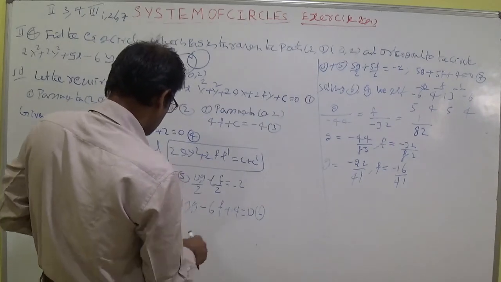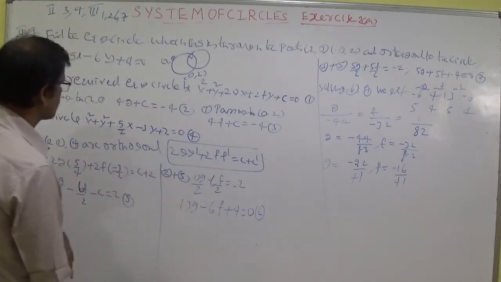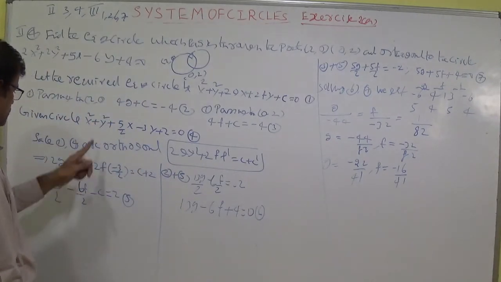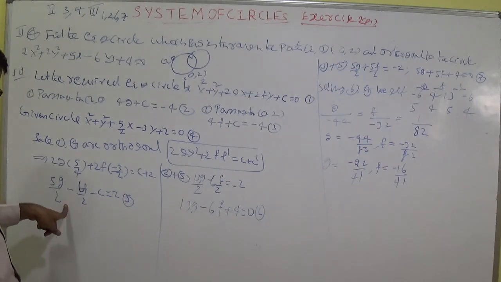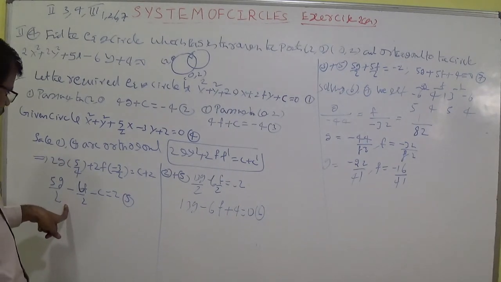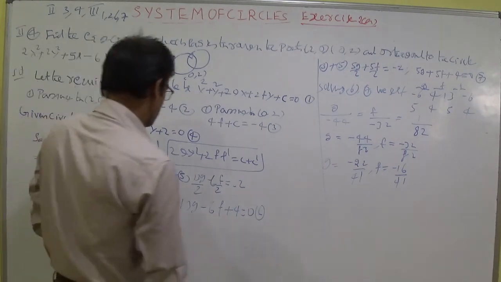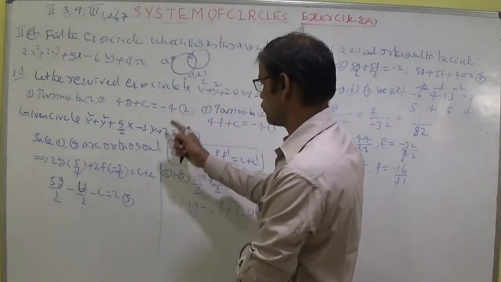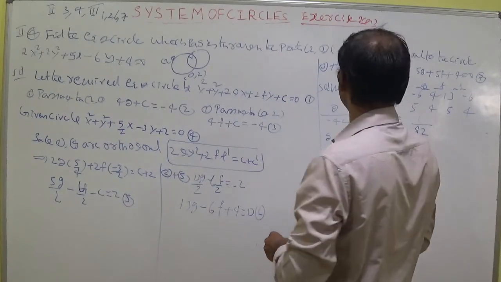So 13g: 4g plus 5g, 2 4s are 8, 8 plus 5, 13g by 2. Simply minus 6f by 2 is equal to minus 2. So by taking LCM, 13g minus 6f is equal to minus 4 plus 2, we got the same answer. 13g minus 6f plus 4.